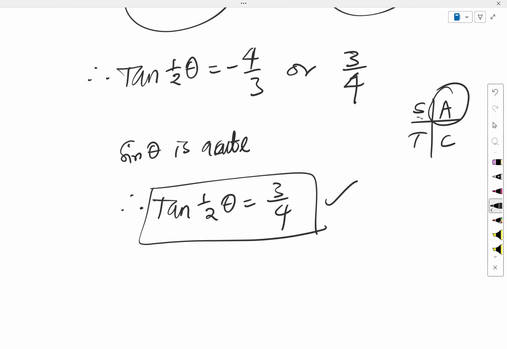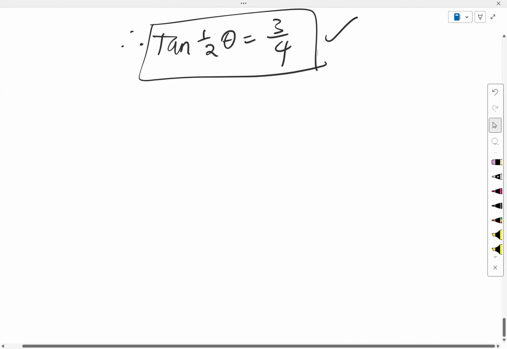Okay, so having done that, let me just drop a question for you to chew on, which I think is going to test your knowledge of this.